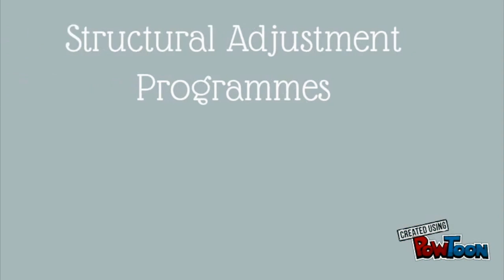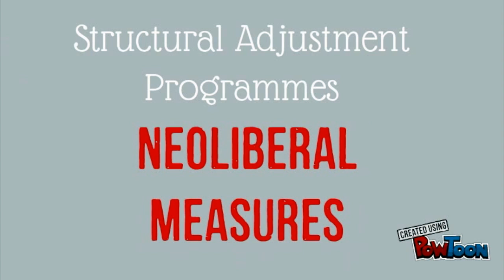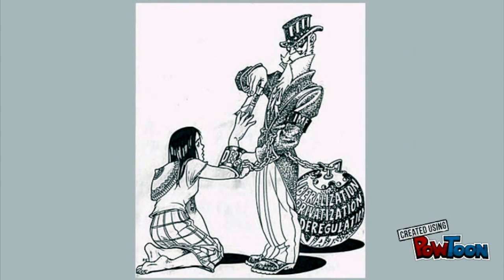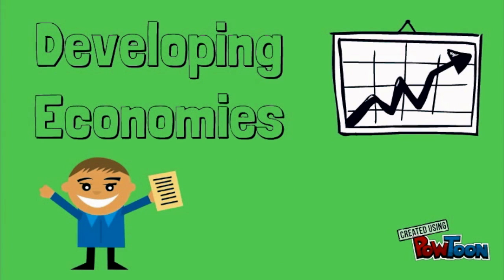These structural adjustment programs were a set of neoliberal measures that third world countries asking for economic aid from the IMF had to accomplish in order to receive loans. Although these measures did not solve the debt problem completely, some developing economies started to experience intense economic growth that gave them the opportunity to change the balance of economic power.